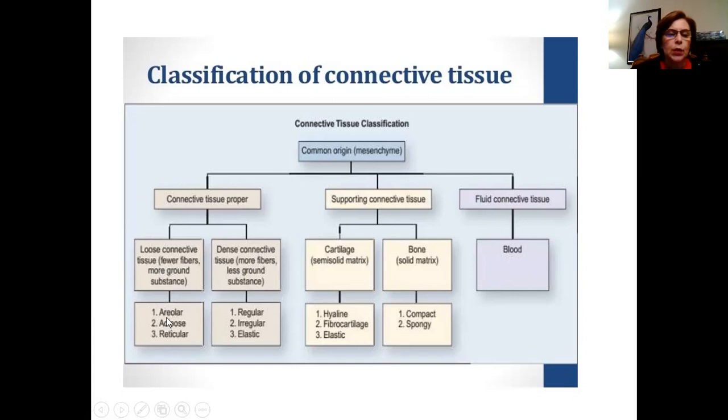The loose, the areolar, is the slide we looked at on the last sheet, where we had the big long strings and the dots, and we had a lot of substance in between. And the adipose we looked at. Think about if you've ever cooked a roast and you pulled the fat off, that it's soft.